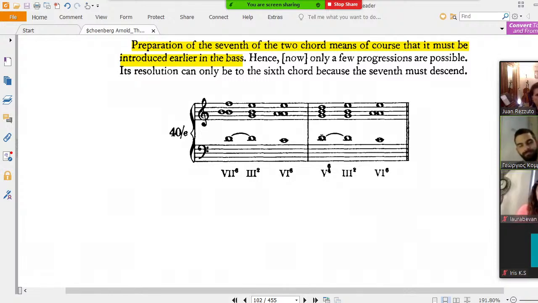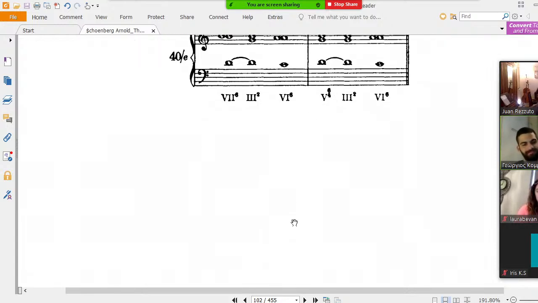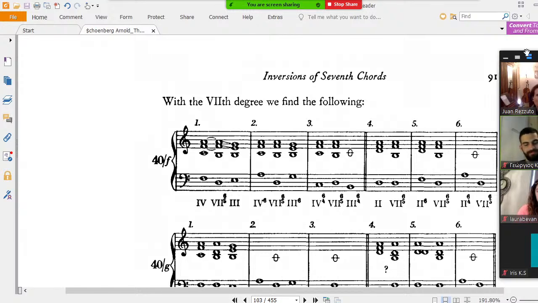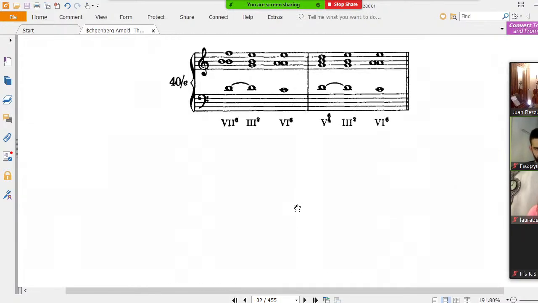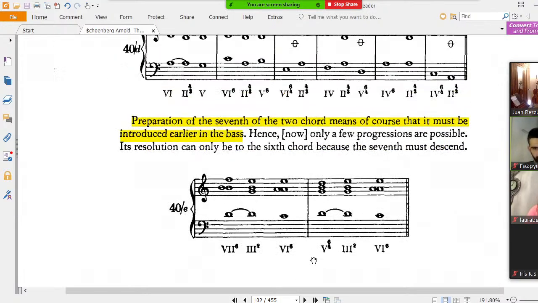If the voices are all right, that's fine. Now, in the case of the 6/4 chord, remember, again, don't forget the previous rules.